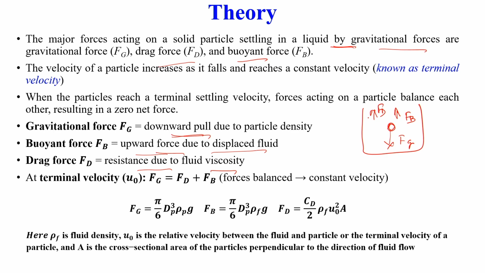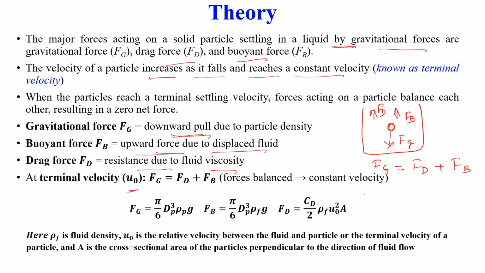The velocity of the particle increases as it falls and reaches a constant velocity, known as terminal velocity. Terminal velocity u naught is reached when the forces are balanced. So, F g equals drag force plus buoyancy force F b.